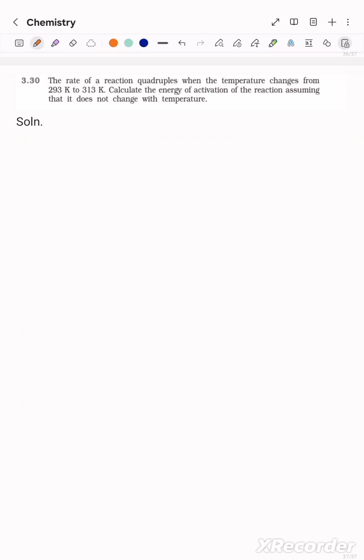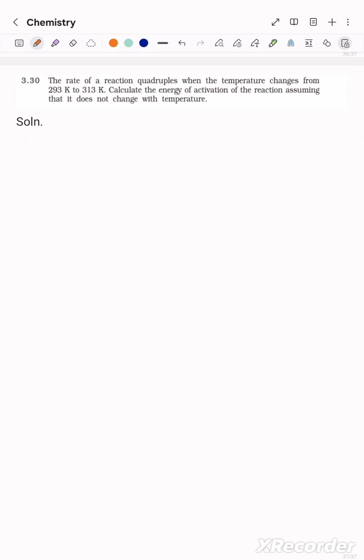So here the temperature changes from 293 to 313 Kelvin and the rate of reaction quadruples, meaning it increases 4 times when the temperature changes from this to this.